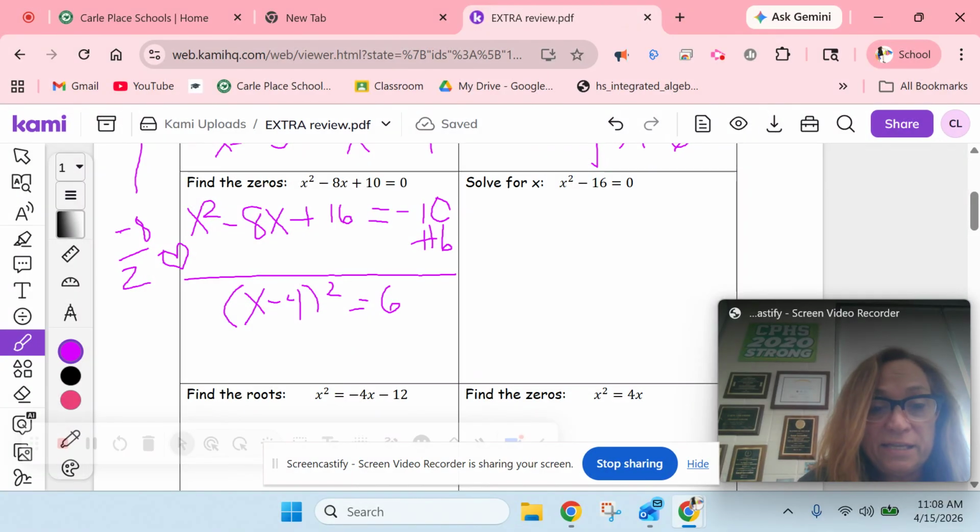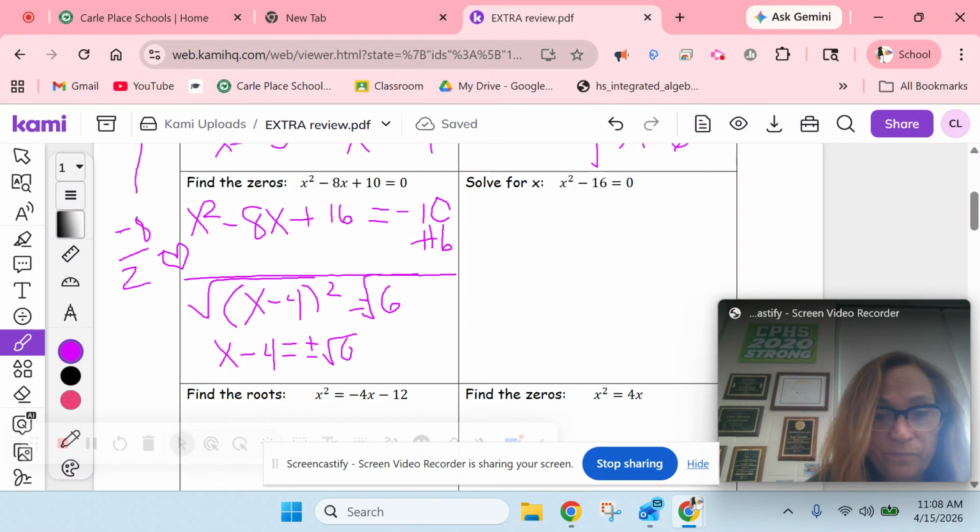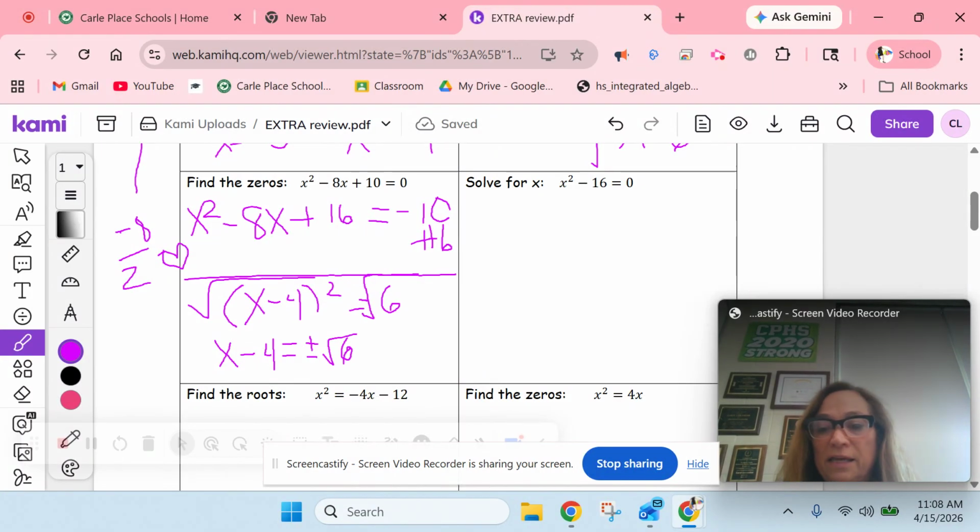Okay? You take the square root of each side, and that's going to give me x minus 4 equals plus or minus radical 6. So because that's radical 6, I'm actually really glad that I chose to do completing the square, because it actually was not factorable.